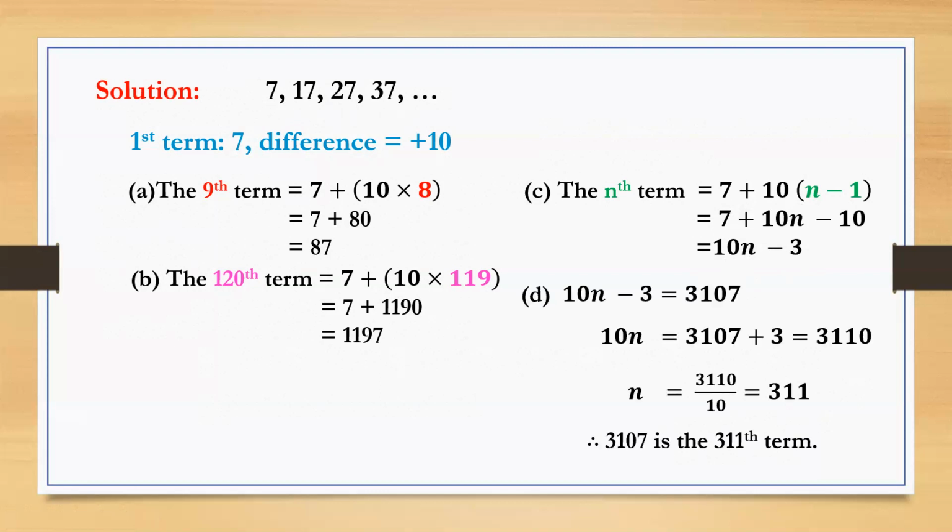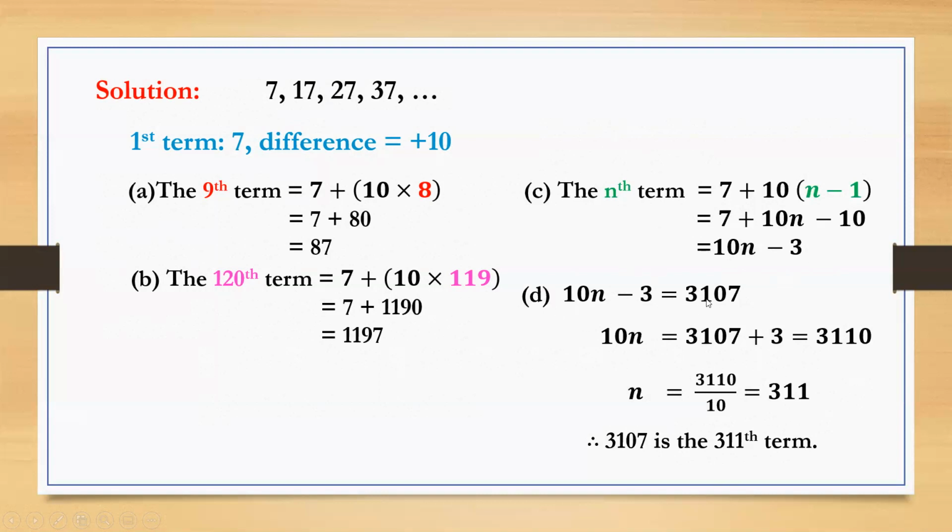Now, I was also supposed to find which term is equal to 3107. So what I do, I equate this expression to 3107 because this is the general expression for the nth term.